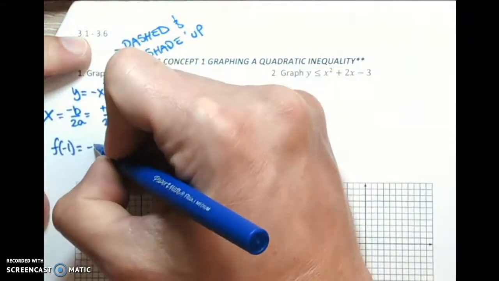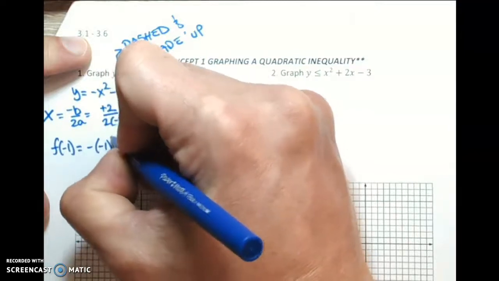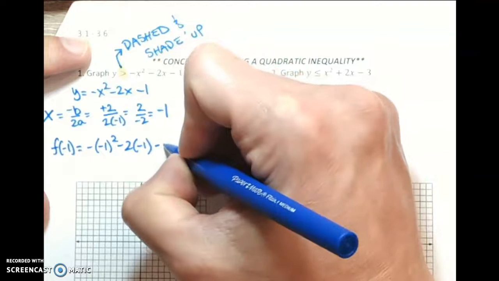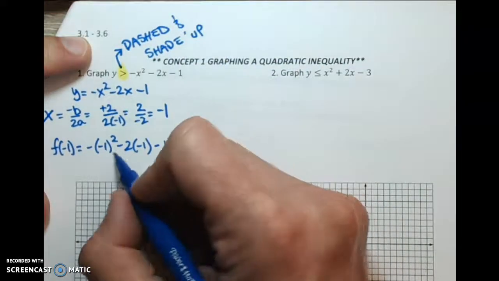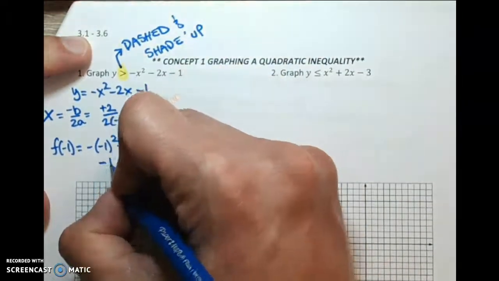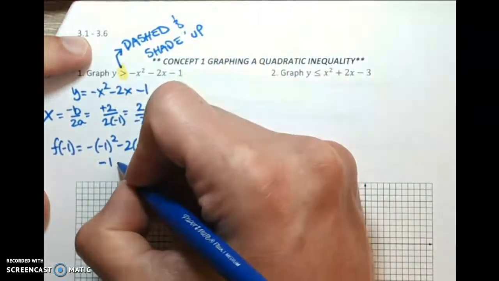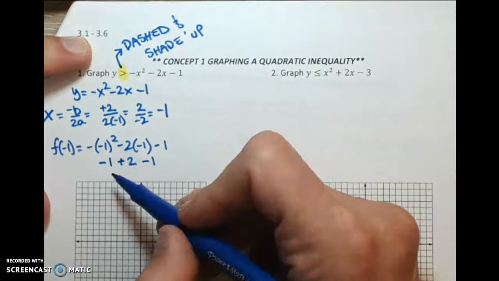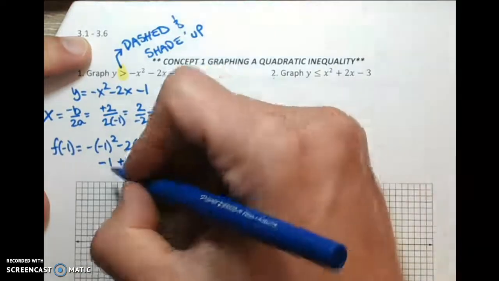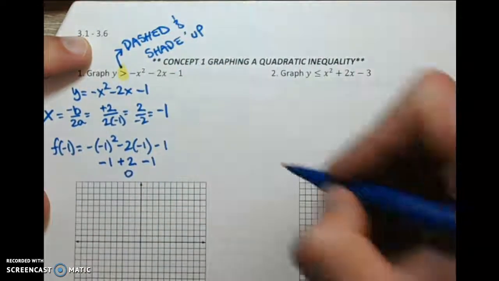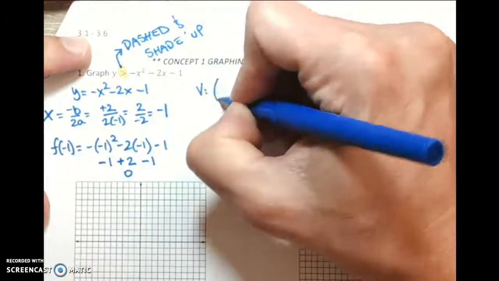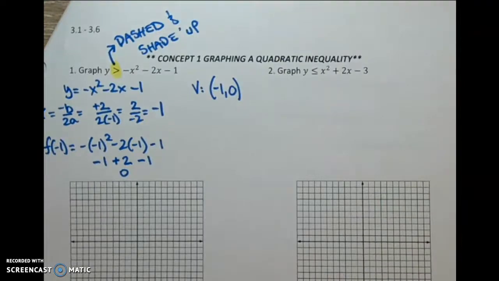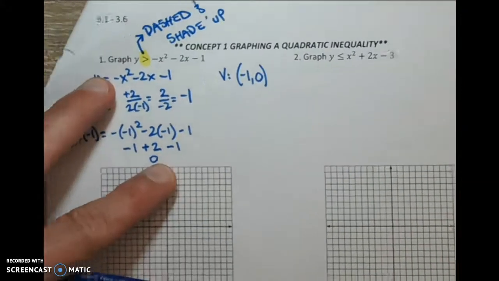So that's the opposite of negative 1 squared, minus 2 times negative 1, minus 1. Negative 1 squared is 1, the opposite is negative 1. Negative 2 and negative 1 multiplied give positive 2, and then minus 1. That's negative 2 and 2, and that all cancels out to give me 0. So my vertex is negative 1, 0. Axis of symmetry at x equals negative 1.